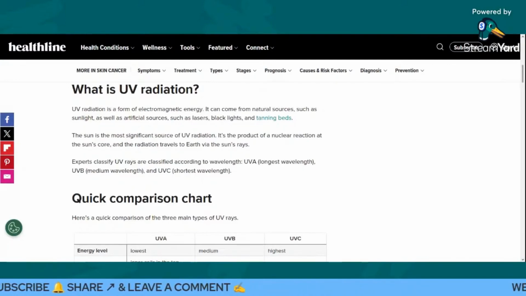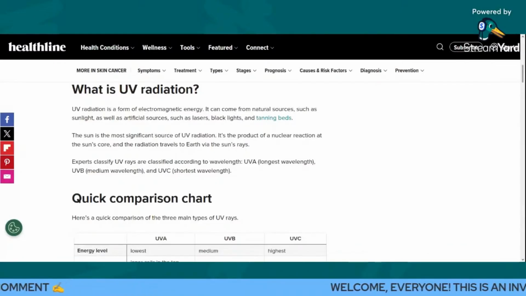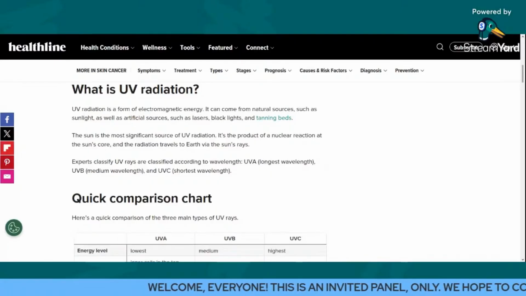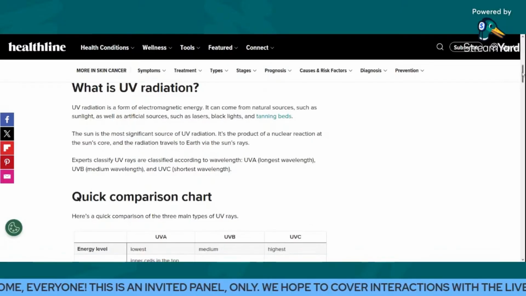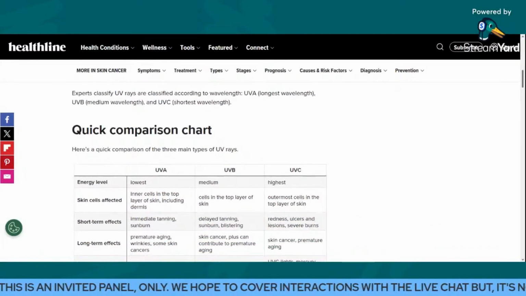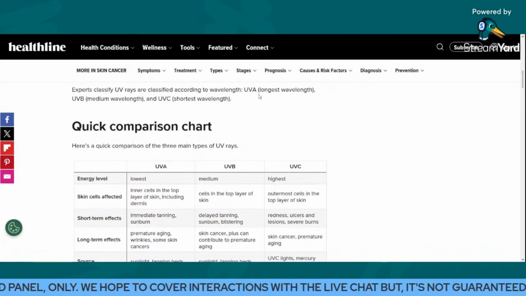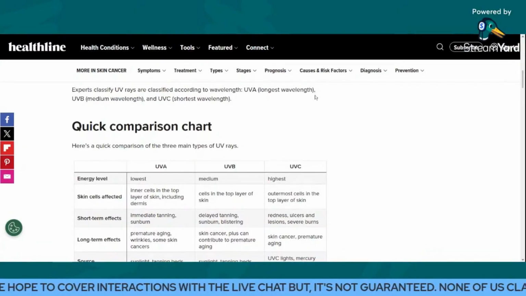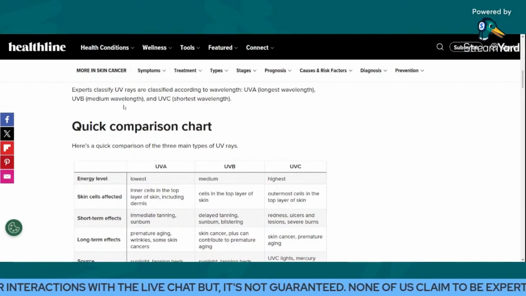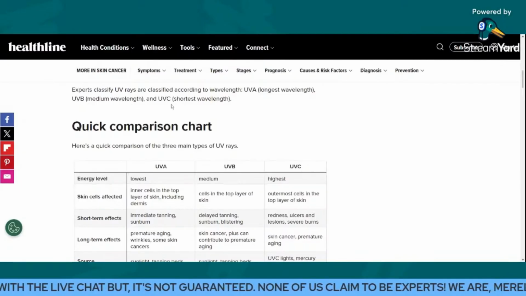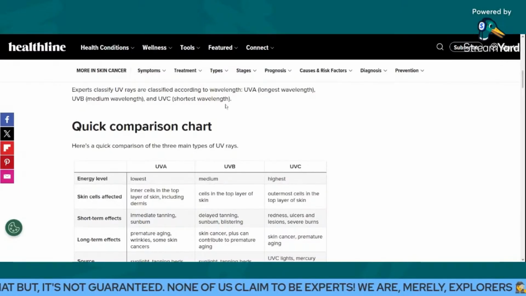It's the product of a nuclear reaction at the sun's core, and the radiation travels to Earth via the sun's rays. UV rays are classified according to wavelength: UVA, longest wavelength; UVB, medium wavelength; and UVC, shortest wavelength.